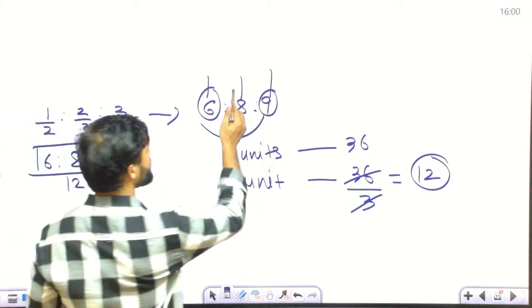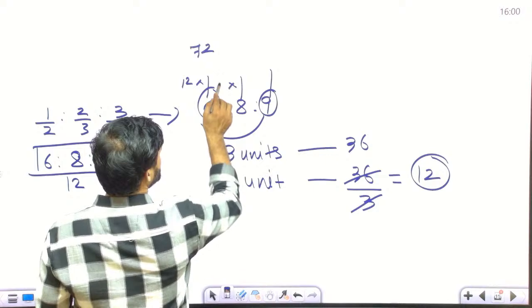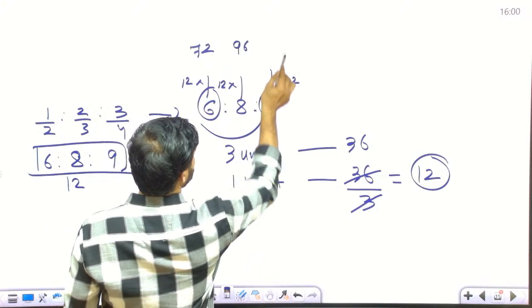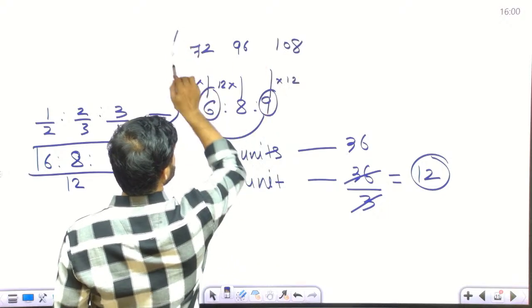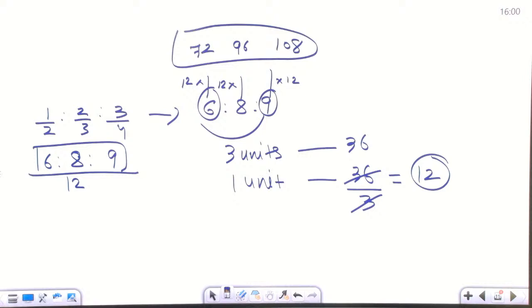So 12 into 6 is 72, 12 into 8 is 96 and 12 into 9 is 108. So the answer is 72, 96, 108. Any problem? It's done? Okay then. Write the solution and then we will move to the next question.